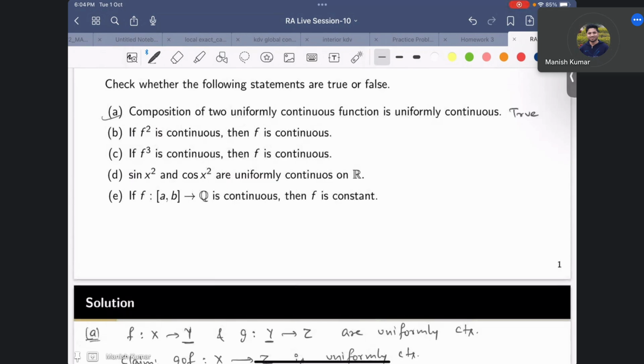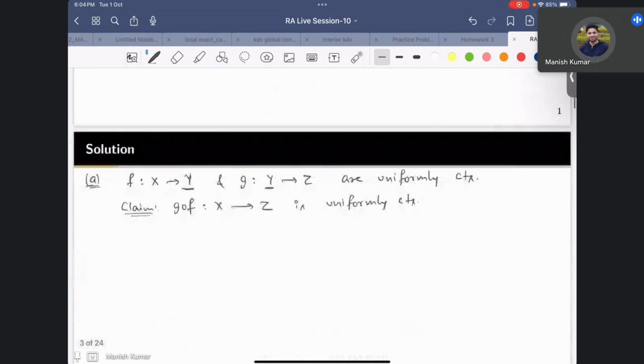What is the meaning of uniformly continuous? Uniformly continuous basically means that for a given epsilon greater than 0, there exists a delta greater than 0, and the main thing is that this delta is independent of the point.